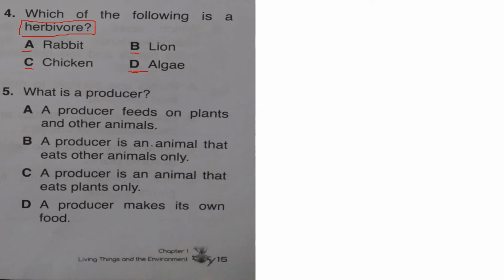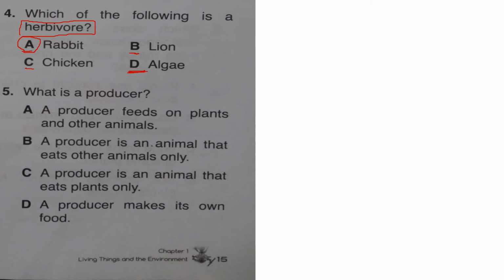It eats plants, right? How about lion? Lion eats other animals. Chicken can eat both plants and other animals. And algae doesn't eat plants or other animals because it needs the process of photosynthesis. So the answer here is letter A, because only rabbit eats plants only among these choices.